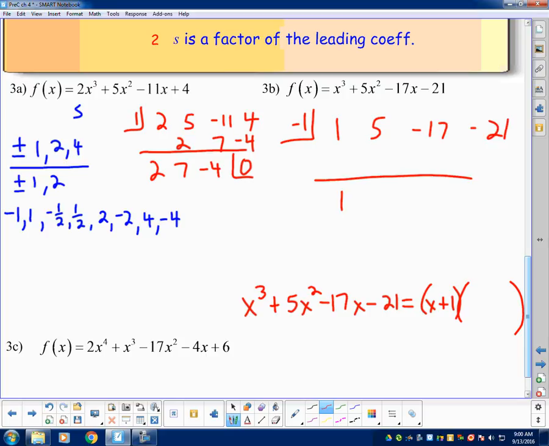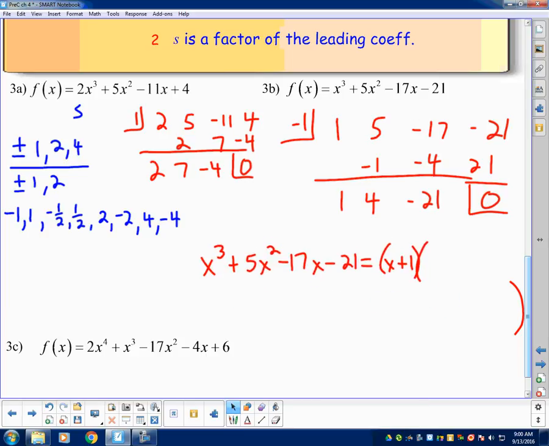So it's 1, negative 1, that's 4, negative 4, negative 21, 21, and you guys are right. So here's what I have so far. I have, as factors of that polynomial f of x, x plus 1, opposite sign of that, and left over is x squared plus 4x minus 21.